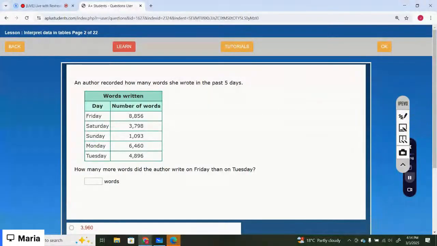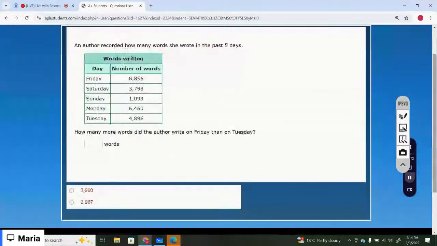An author recorded how many words she wrote in the past 5 days. How many more words did the author write on Friday than on Tuesday? So which is the correct option?